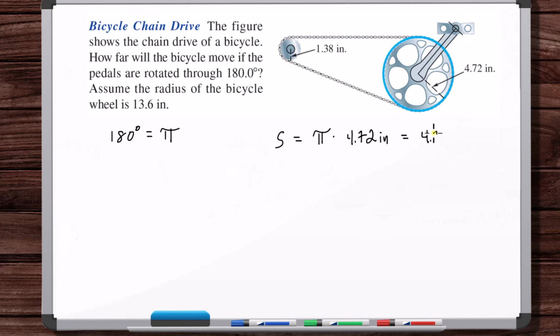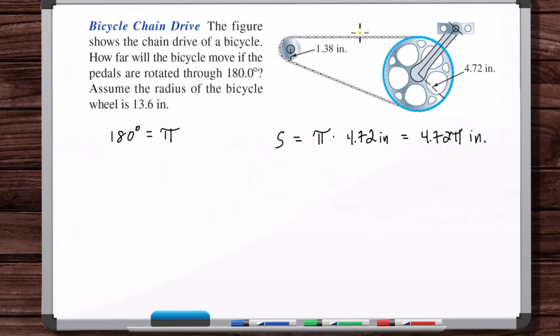See, really simple when it comes to radians. Inches. Let's just leave the pi for now. So now we know that when this rotated 180 degrees, the circumference rotated this length. What does that correspond to in radians?